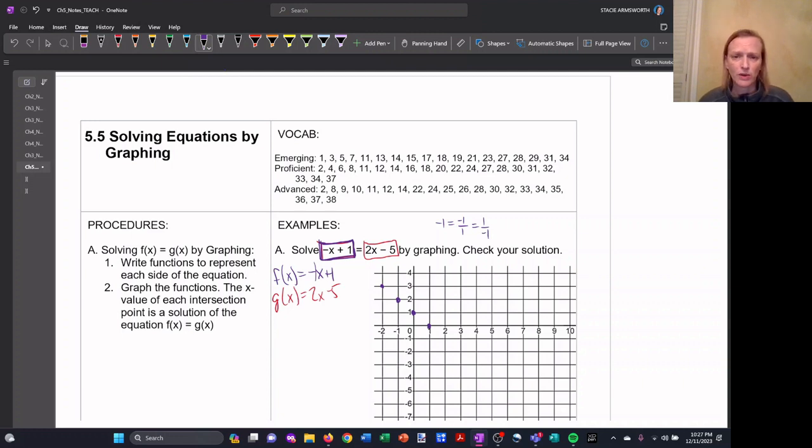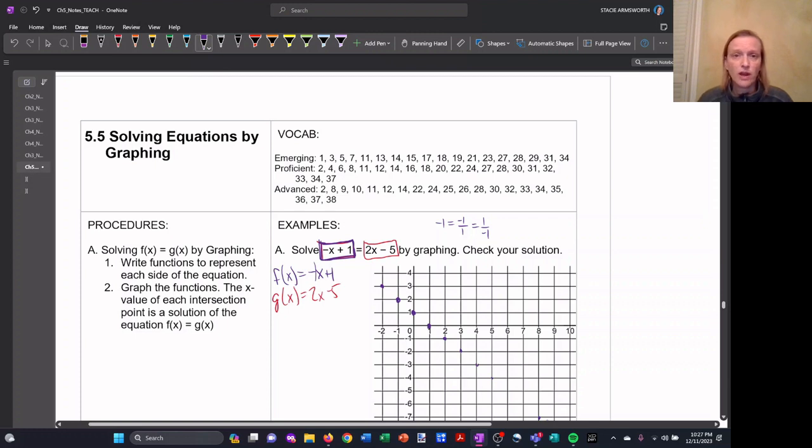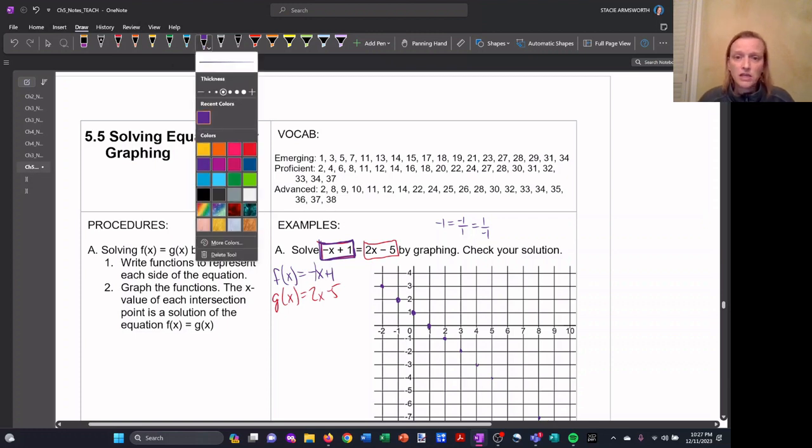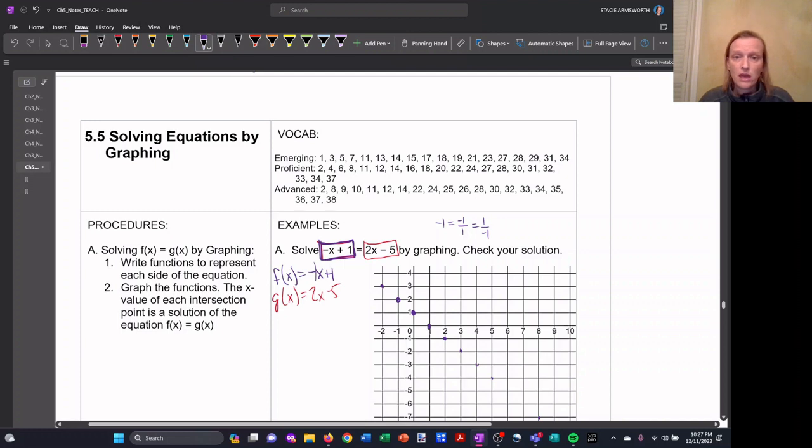And that's rise over run. So when I go down 1, I go right 1, and continue the pattern out this way until we get to the end of the graph. And so now if I plot the line for this, that is my equation for f of x equals negative x plus 1.